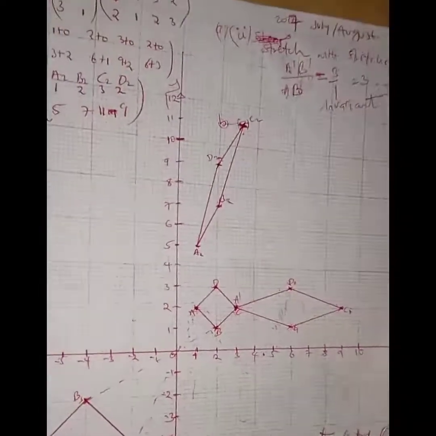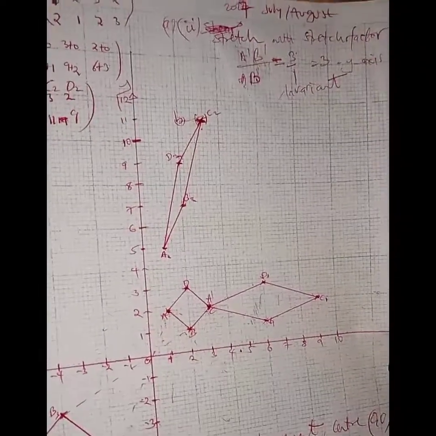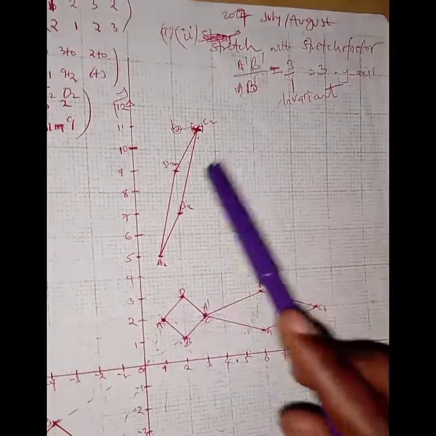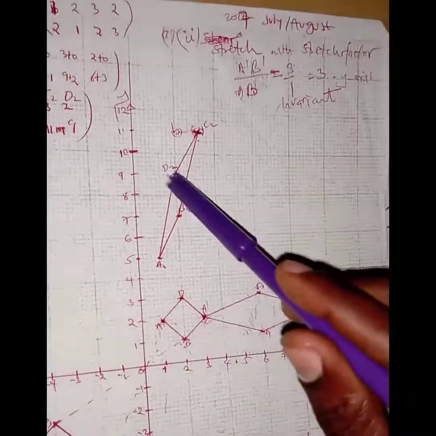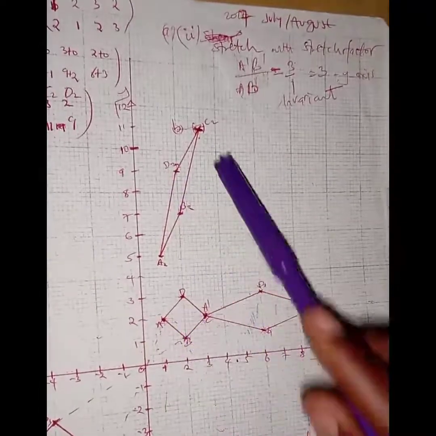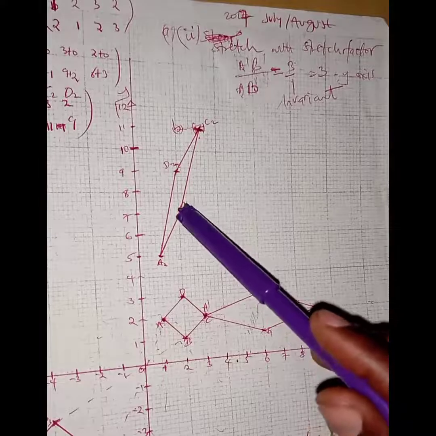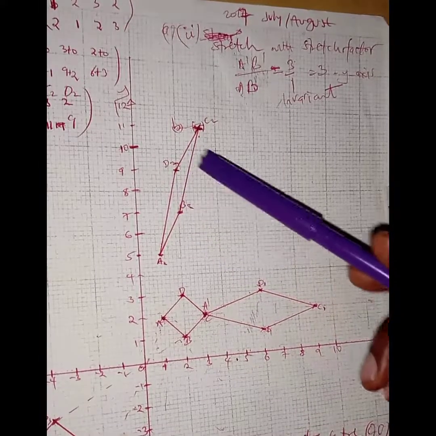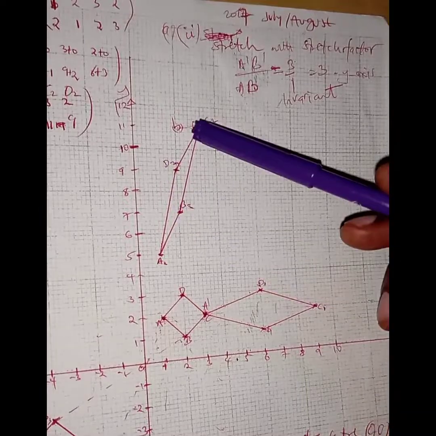Look at this. This is the object. This is the image. So shear will appear like this. This is the object. This is the image. You see shear? It appears to have been pulled, right? It is elastic, the way it appears.